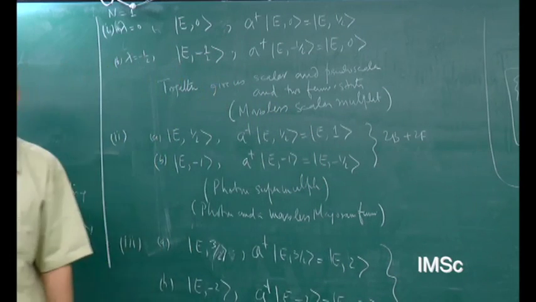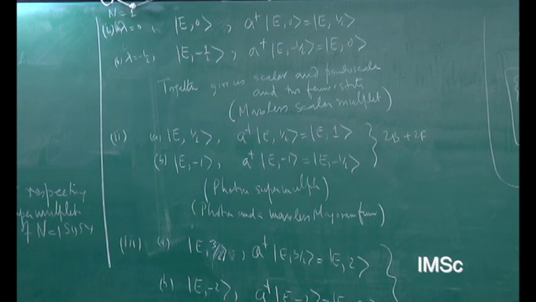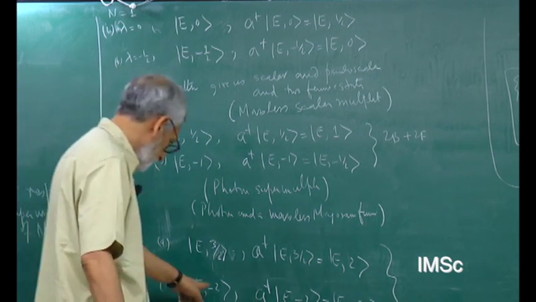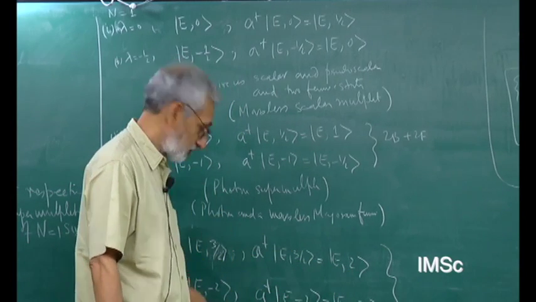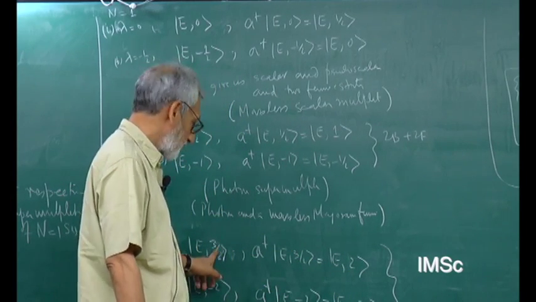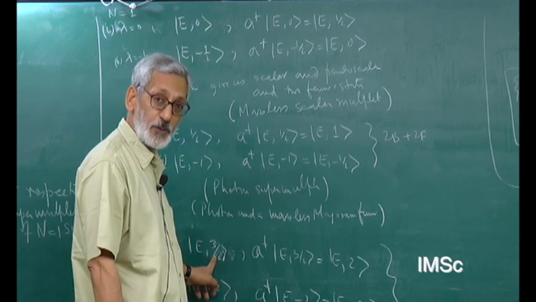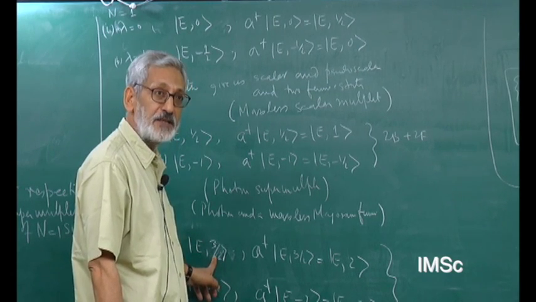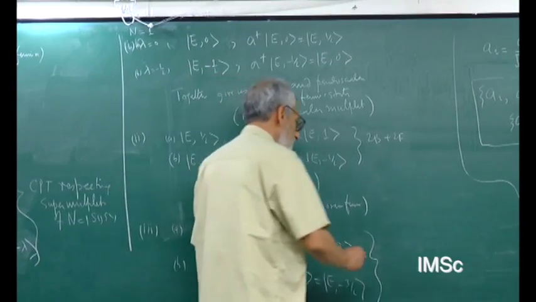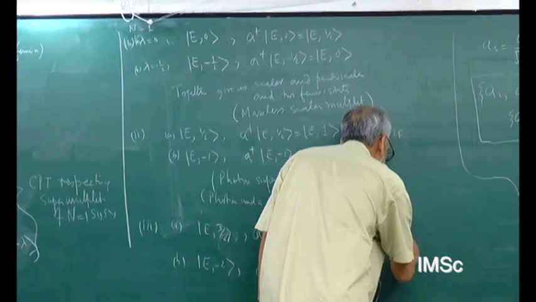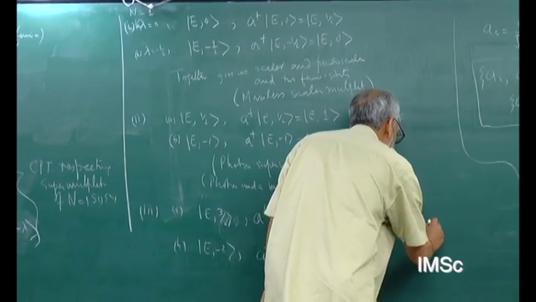This together makes a CPT self-conjugate multiplet, made up of 2 bosonic particles of helicity 2 and minus 2, and 2 fermionic particles of helicity 3 halves and minus 3 halves. This is the graviton supermultiplet.